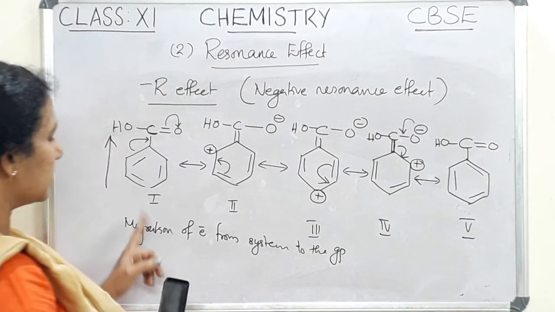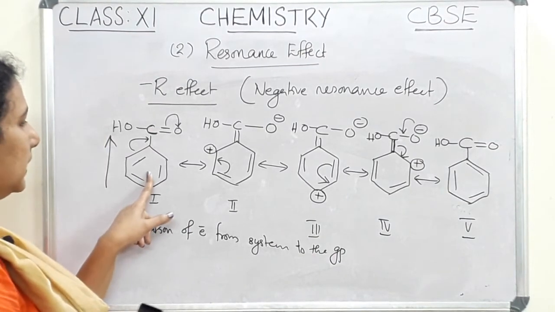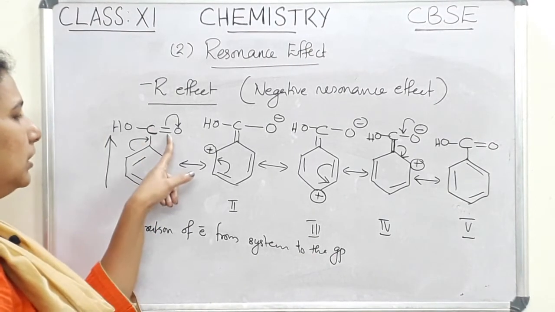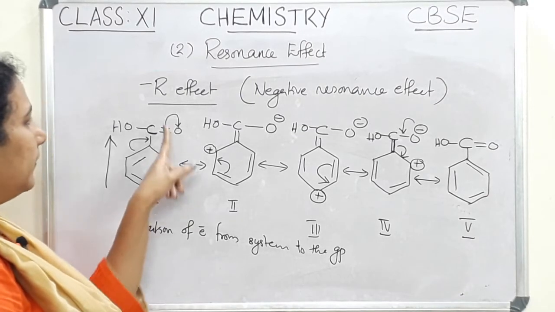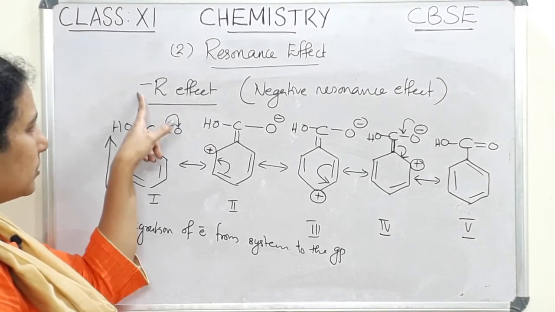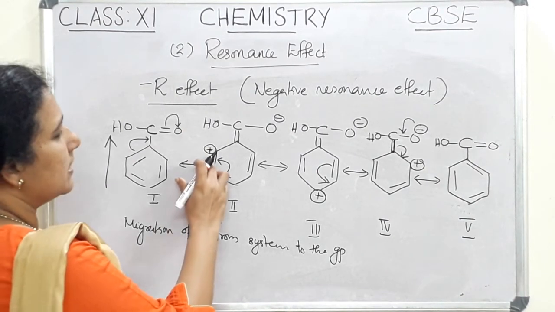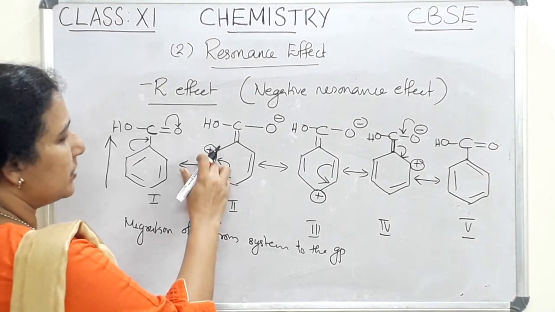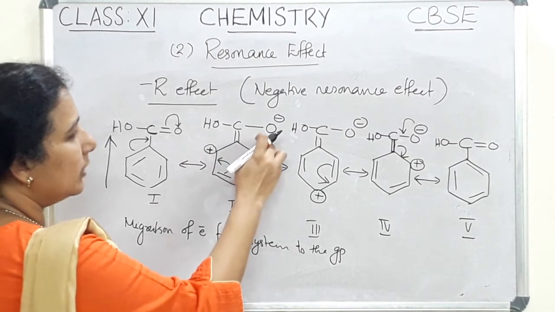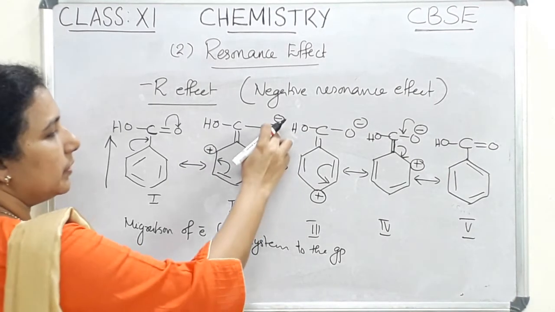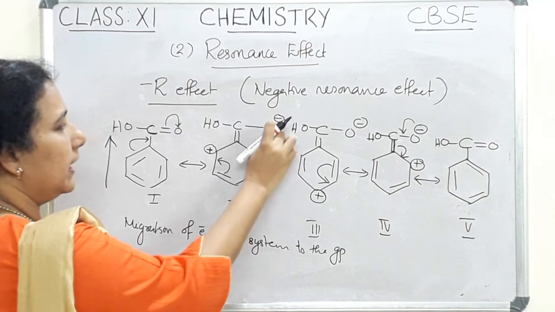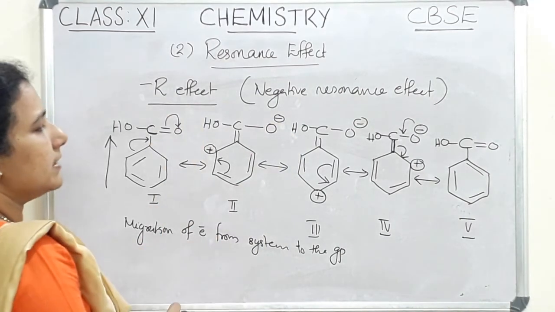So electrons are migrated from the ring to the group. So it shows a negative resonance effect, and this system is getting a positive charge and the group is getting a negative charge. So here the group is getting a negative charge, so it is a minus R effect.